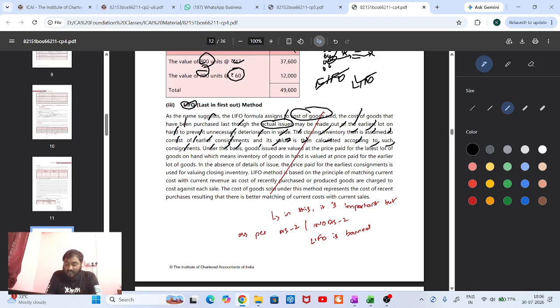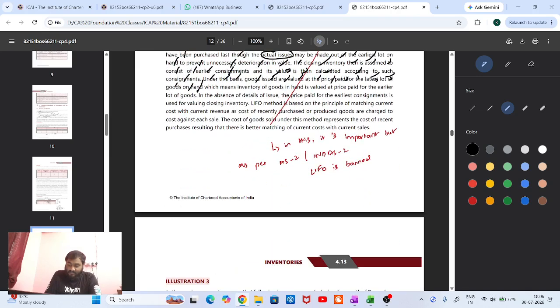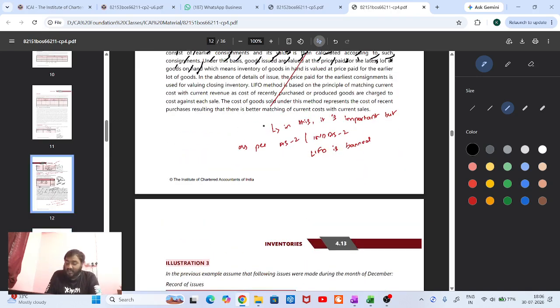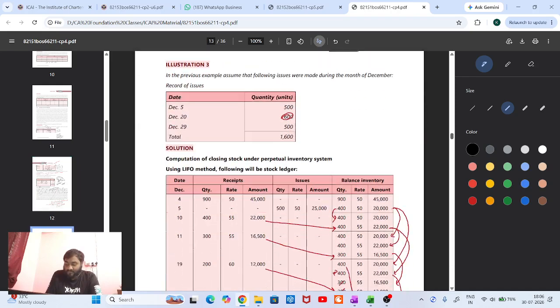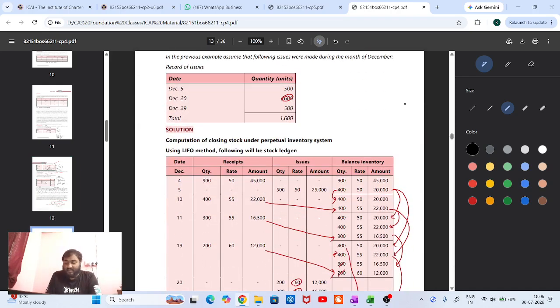Under this basis, goods issued are valued at the price paid for the latest lot of goods on hand. Okay, I think I'm just reading the para instead of explaining it. Let me just get to the question, you would understand better. This is important, but as per Indian Accounting Standard 2 or Accounting Standard 2, read this year, forget this year after you complete CA CPT and CA foundation.